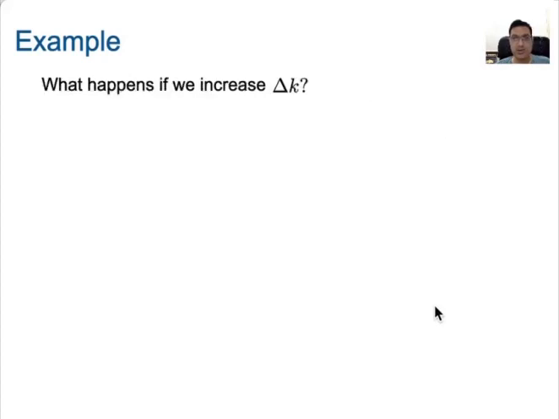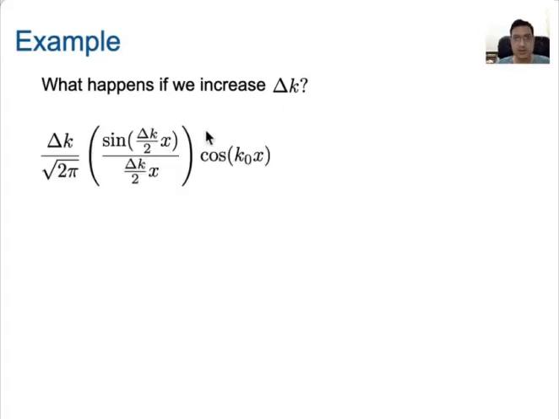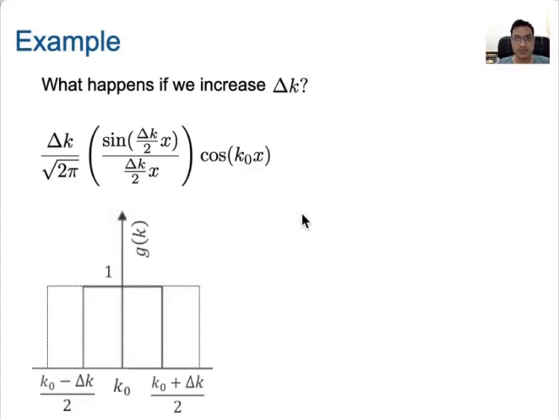Now what happens when you change the value of delta k? That's what we were trying to learn in the previous lecture: you fix the mean value k0 and you can increase or decrease the number of waves by adjusting the range. So here let's change the value of delta k in your problem. This is the expression that we have seen in the previous slide.